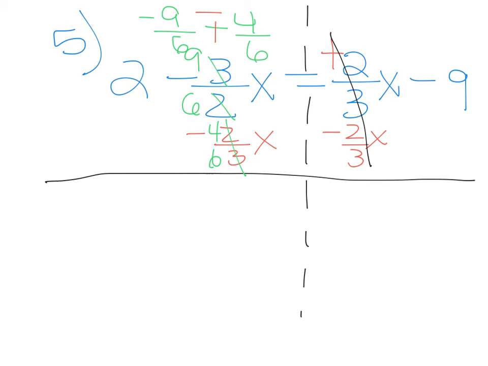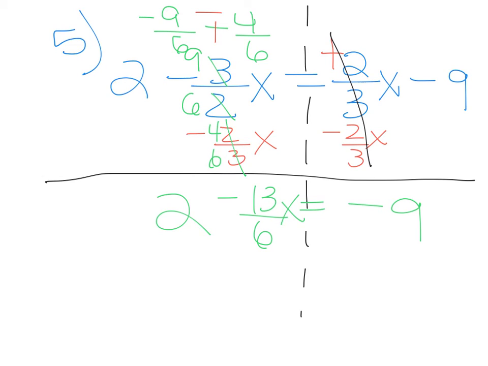When I take -9/6 plus -4/6, that's going to be all negative, so that's going to give you -13/6 x. And then, don't forget, you got to bring down that 2. We haven't used it yet. Equals, on the right side, I still have a -9. So now we've got 2 minus 13/6 x equals -9.